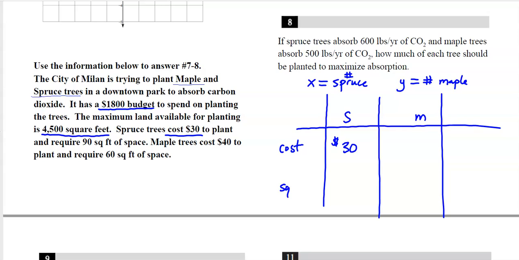So we also have the square feet that they cover. So the spruce tree was 90 square feet. And then the maple trees cost $40. And they cover, what is it, 90? No, they cover 60 square feet.